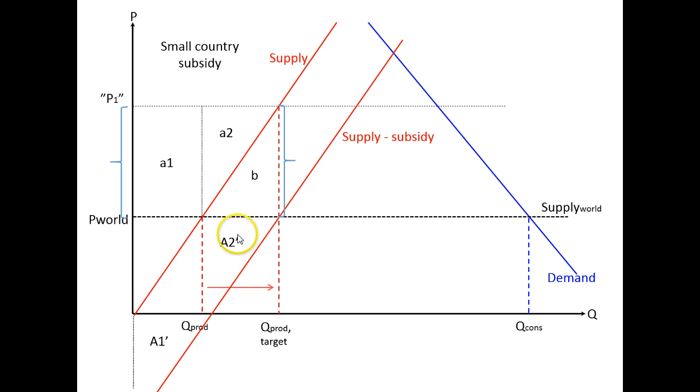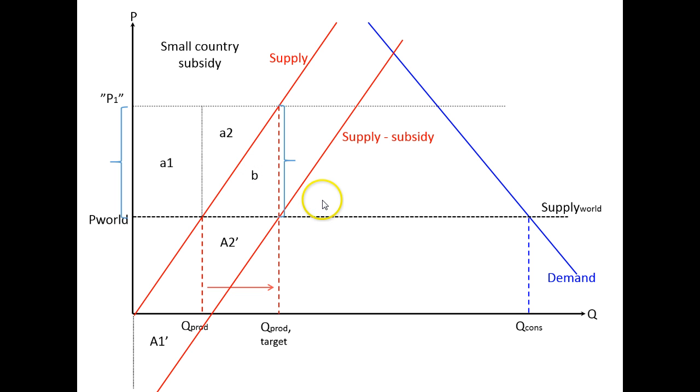And A2 prim is the difference in producer surplus from selling at P world, since the government has reduced our production costs. Therefore the governmental cost will be this downward shift of the supply function. So the government has to pay A1 plus A2 plus A1 prim plus A2 prim plus B.